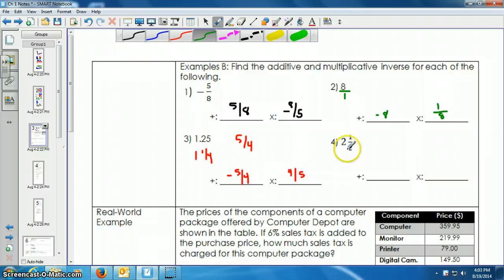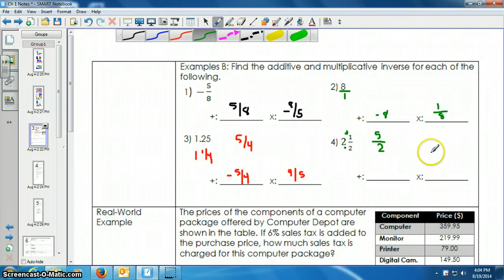So remember, we're going to multiply those two together, the denominator and the whole number, and then we're going to add that numerator to it. And you're going to keep the same denominator. So change that into an improper fraction. And you should get 2 times 2 is 4, plus 1 is 5/2. You could also type that into your calculator.